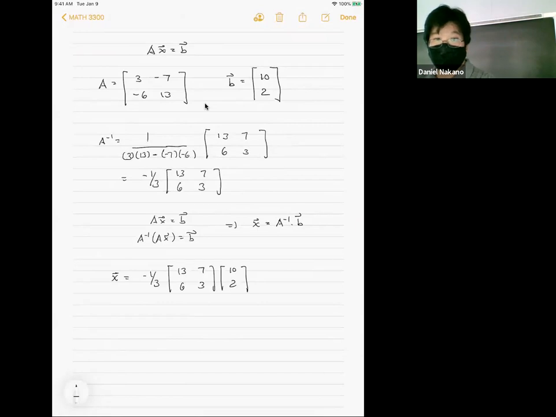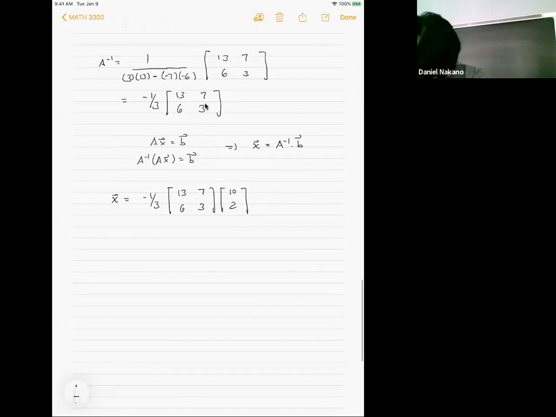Okay, is everyone all right with that? That's A inverse B. And let's try to calculate this. So it's minus 1/3. So let's see. All right, so when we take the dot product, we get 130 plus 14. So it's 144. Is everyone all right with that?